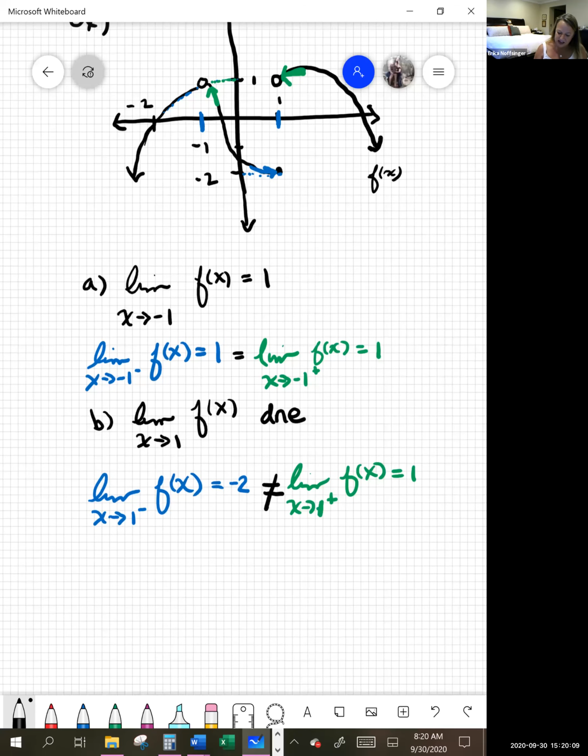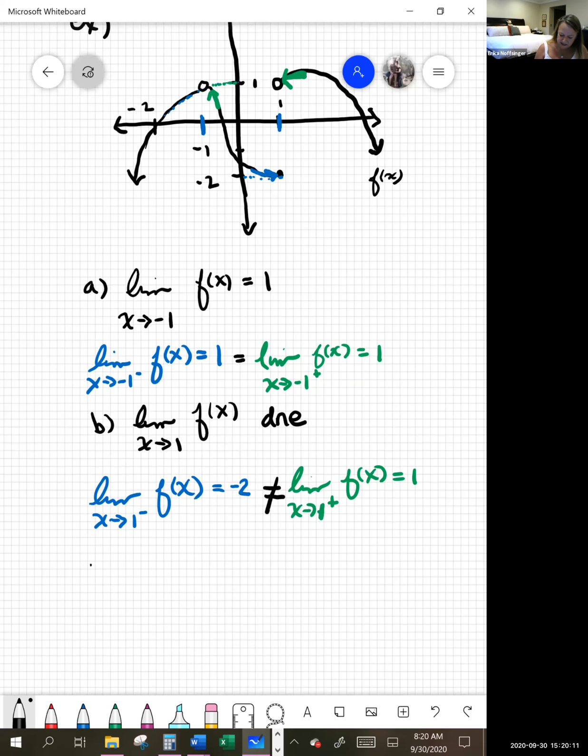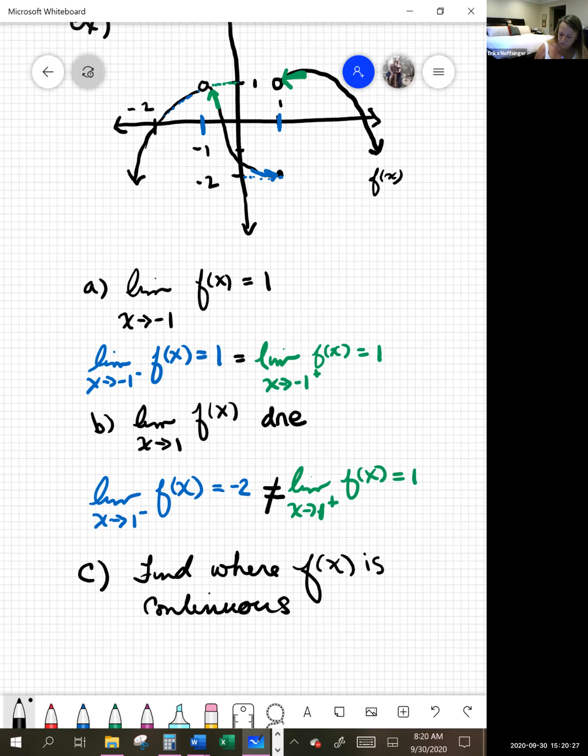If this asked, let's even extend this further. So find where f of x is continuous. Okay, so it's continuous everywhere except for -1 and 1.